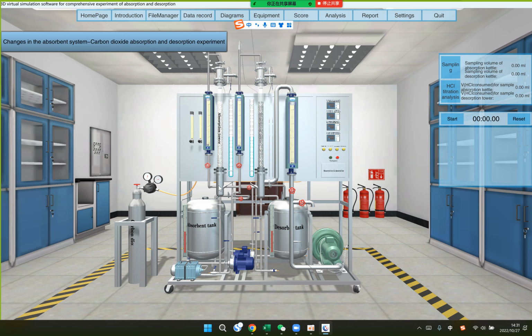The mixture will move upward to the top of the tower and be emitted into the atmosphere.